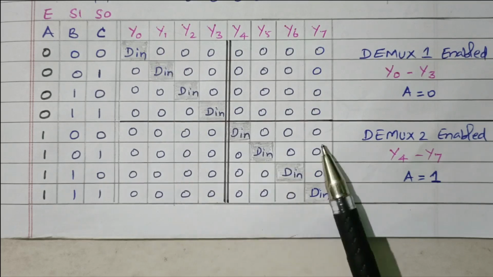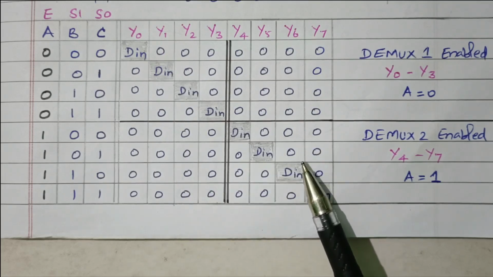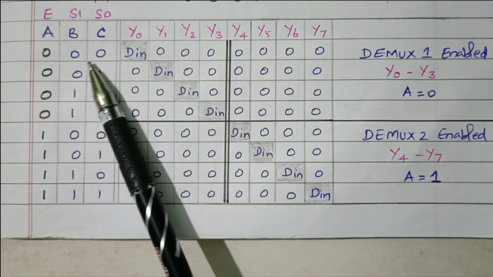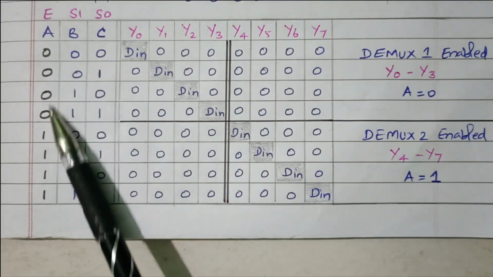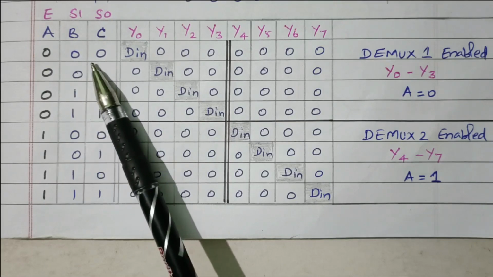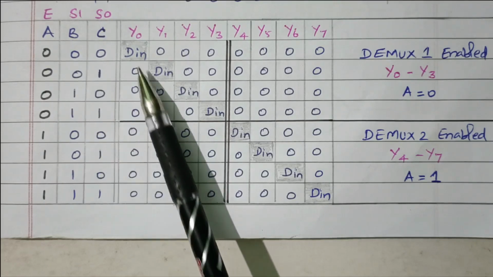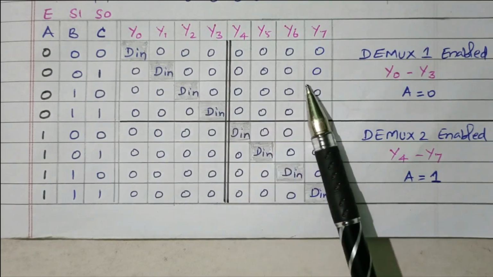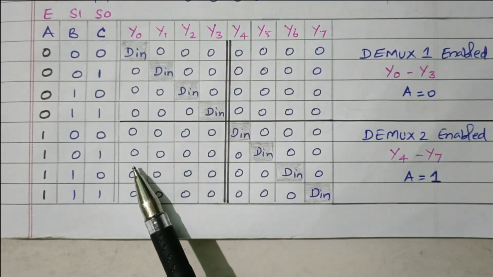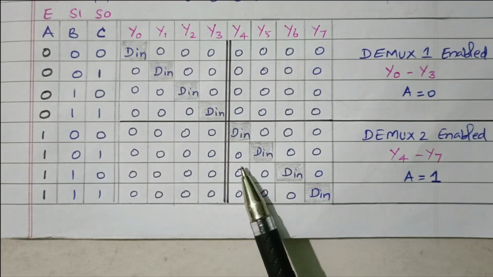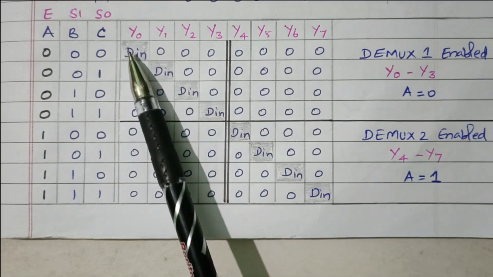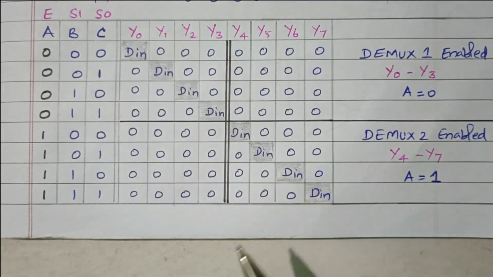This is the total output of the 1:8 demultiplexer, having only one input with three selection lines. One is used for enable, and the other two are used as the selection lines, right? For the first 4 outputs, demux 1 is enabled and demux 2 is disabled. For the remaining 4 outputs, demux 1 is disabled and demux 2 is enabled. So that we are getting the corresponding outputs from Y0 to Y7.